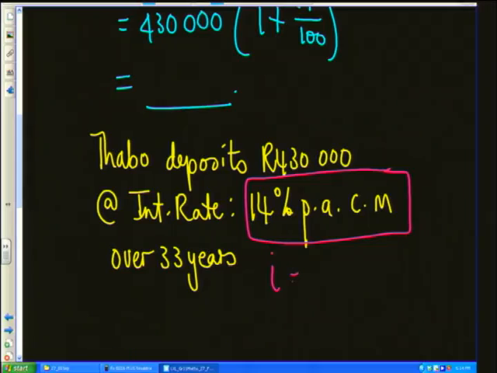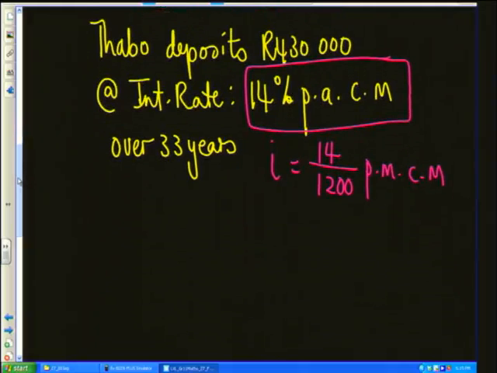So our effective rate would be 14% every month, so I would take a 12th. So this would be per month compounded monthly. Alternatively, you could look at this rate in the following way. It's 14% divided by 12. Okay?